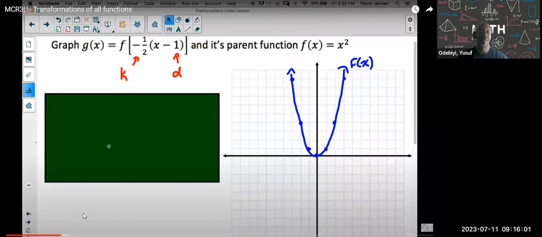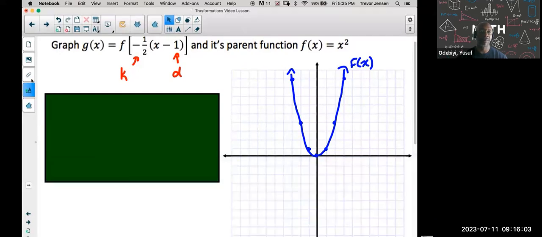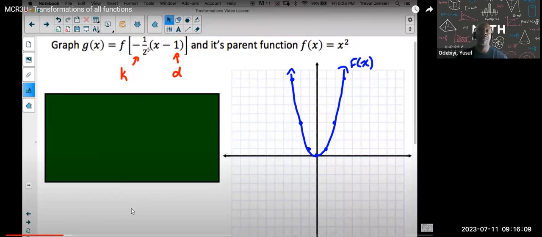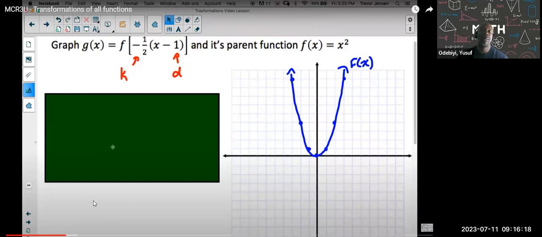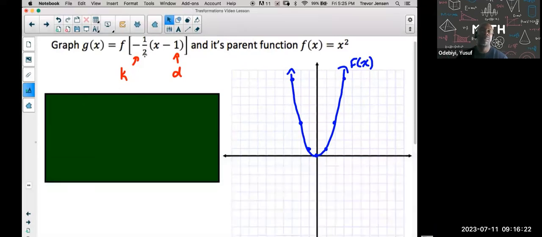This is the most difficult transformation to do. K is going to tell us that in this case, it's going to be horizontally stretched by a factor of 1 over the k value. So 1 over 1/2 gives us a horizontal stretch by a factor of 2. We always flip the k value. And the negative tells us there's going to be a horizontal reflection.